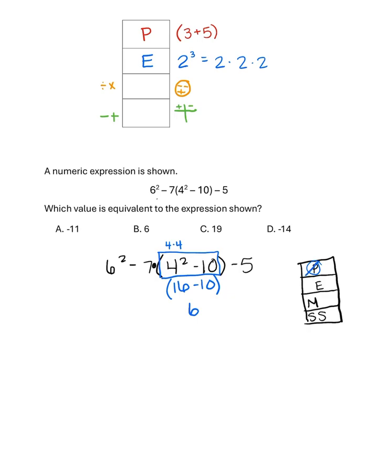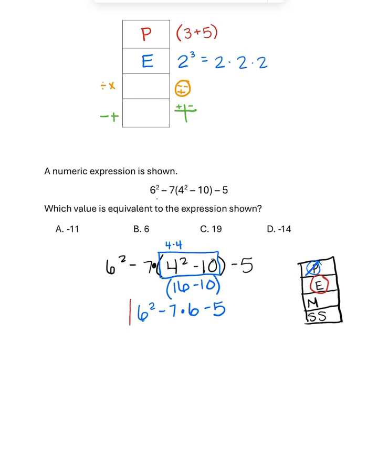Back here, I had minus 5. In the front of the parentheses, right here, we already know that's multiplying. So that's going to be times 7 minus 6 squared. Okay? So now I can go to my next step. I am on exponents.